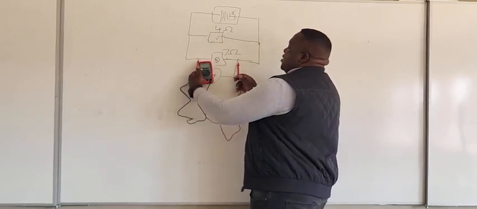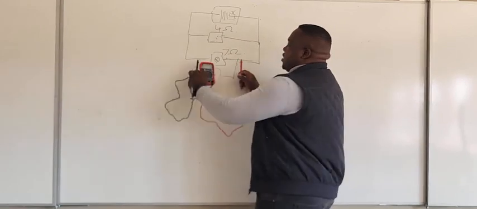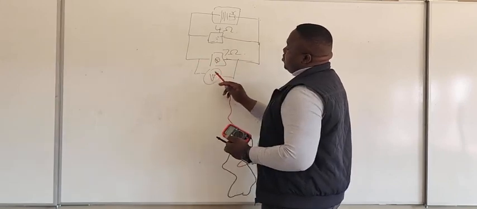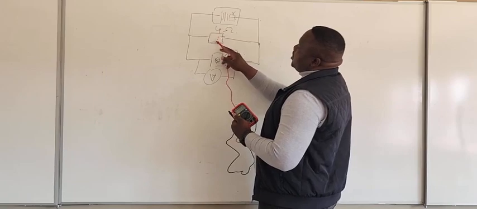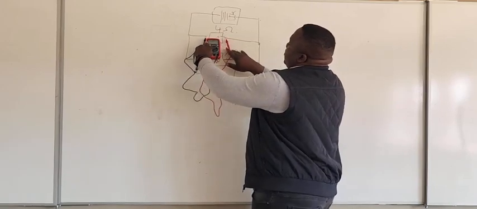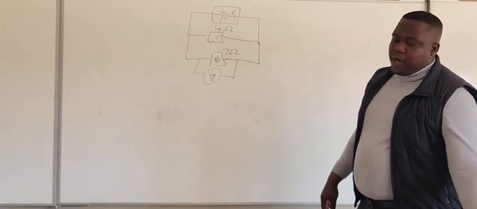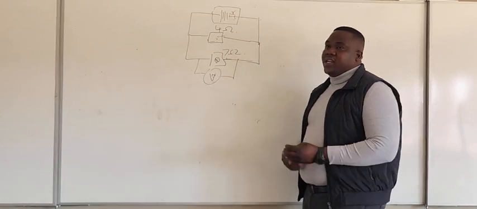The reading from this V, represented by this thing, will be equal to the reading of the voltage that is here. If we take another voltmeter and put it here, they will be equal because parallel resistors have equal voltage. You can see, right?